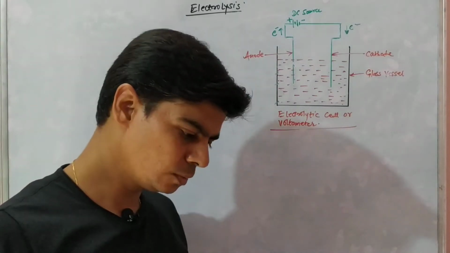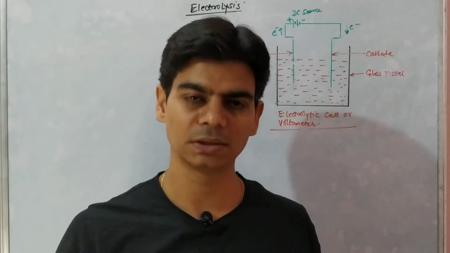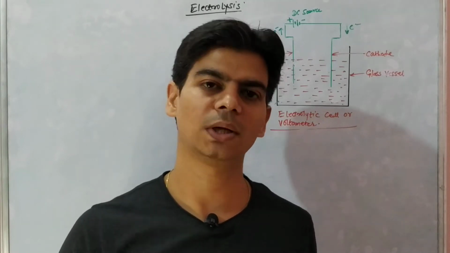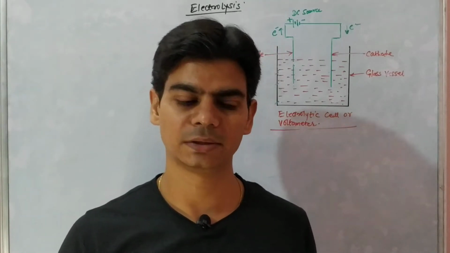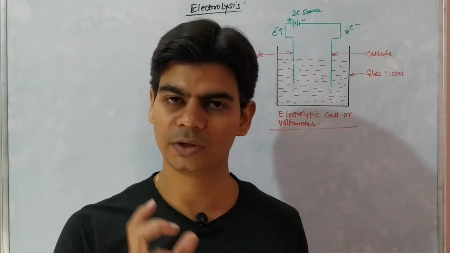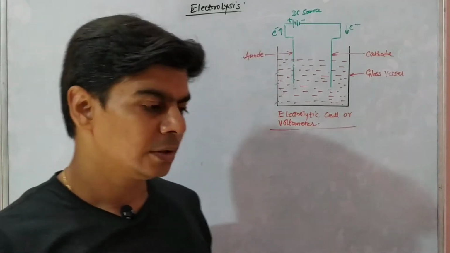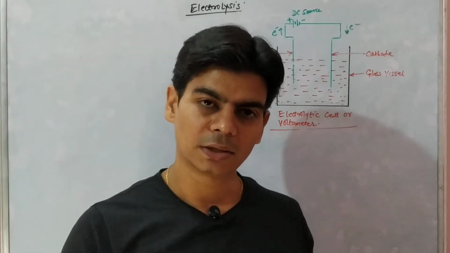And we have also gone through the conductivity of metals, how metals conduct electricity, right? And we know that metals are good conductors of electricity. Why? Because they contain free mobile electrons, right? And it is due to the presence of mobile electrons.